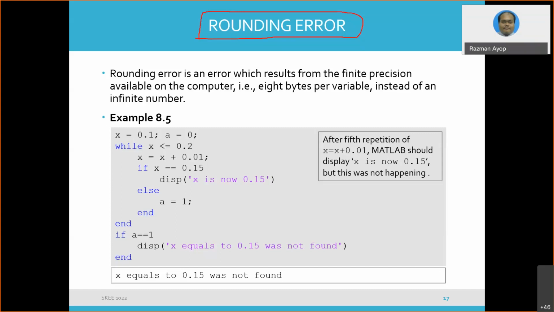What it means by rounding error is that, for example, this number 0.153 is fine. But if you compare it with 0.13153, because you rounded it to a certain decimal point, it will not be the same.